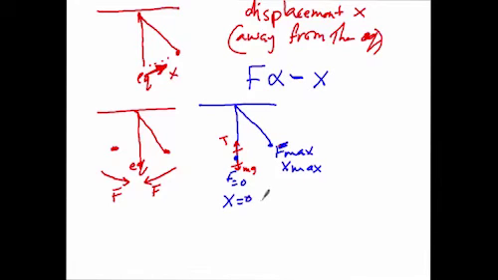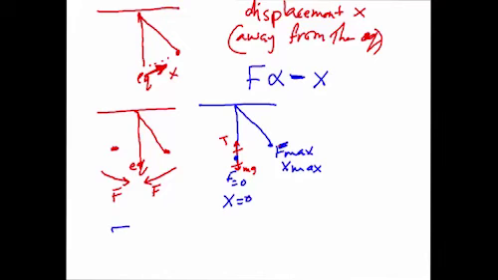But the displacement has a direction away from the equilibrium position. Restoring force is towards the equilibrium position. That's why this minus sign is here. Restoring force is in an opposite direction to the displacement.